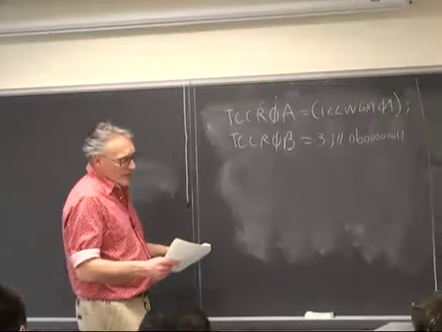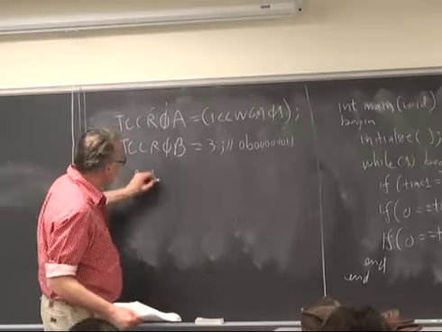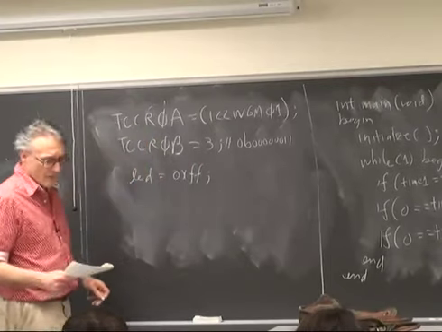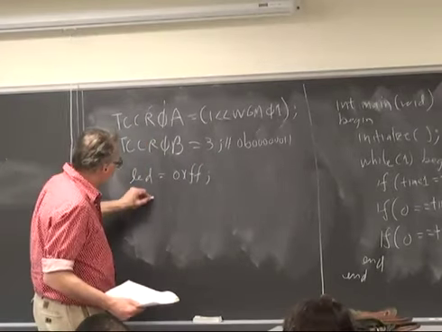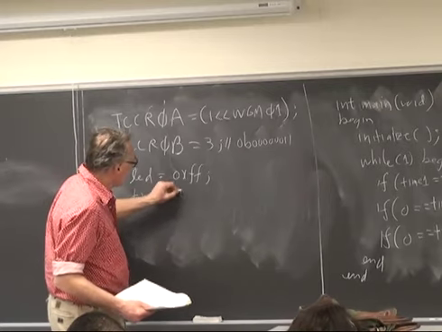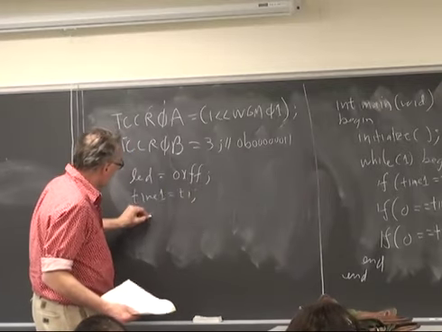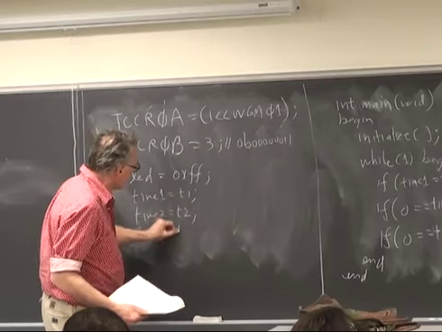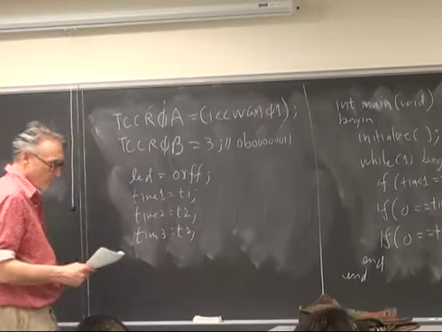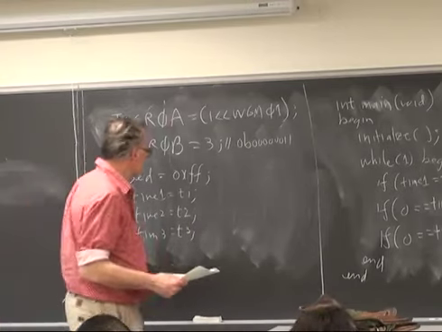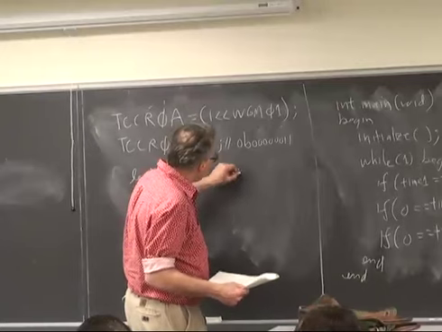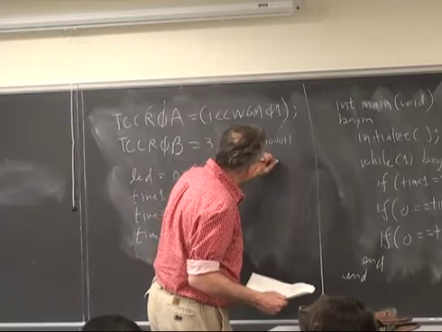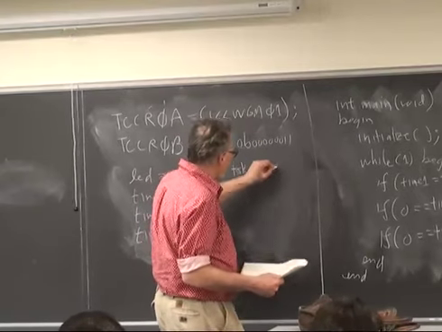Now there's some state variables we have to set. We're going to set the LED state variable to 0xFF, which is all LEDs off. We're going to set time 1 to T1, time 2 to T2, time 3 to T3, the task, what was TSK2 count, we're going to set to 4.